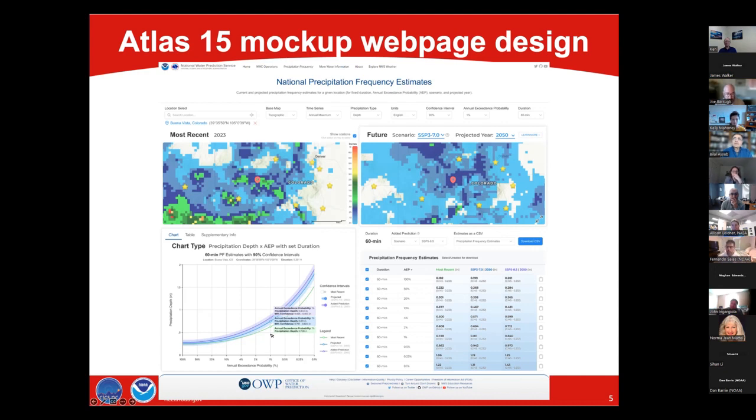So we're not sure what's going to happen after that. If funding were to be provided to NOAA, then our goal would probably be to provide another update 5 years after 2026 or 2027, something like that.